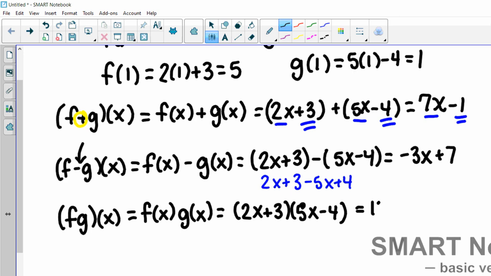So I take my first terms and my outside or outer terms and my inside or inner terms and my last terms, and I multiply them together. Then, if there are like terms to combine, I'm going to combine any like terms.